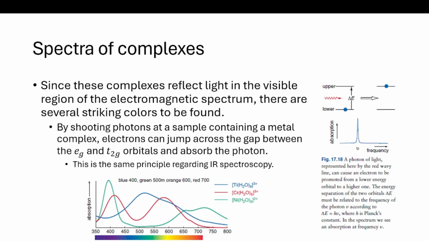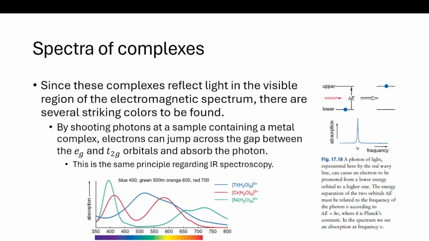Not only does the octahedral splitting energy affect spins and magnetic properties, but it also affects spectroscopic properties. If we look at something such as IR spectroscopy, when we shoot some sort of photon at a complex or some sort of molecule, there is a possibility that that compound will absorb the photon and electrons can jump energy levels.